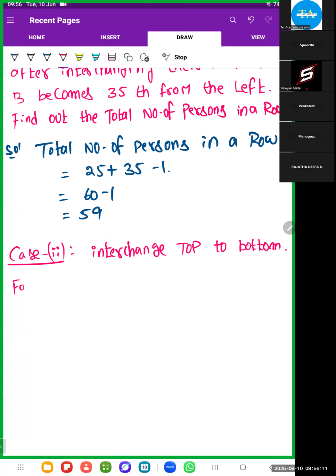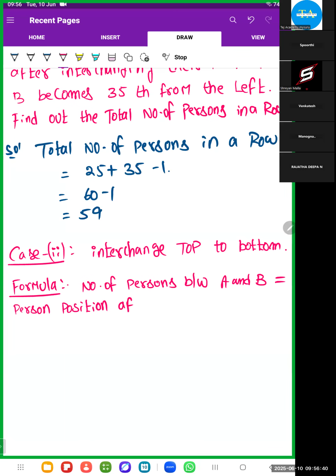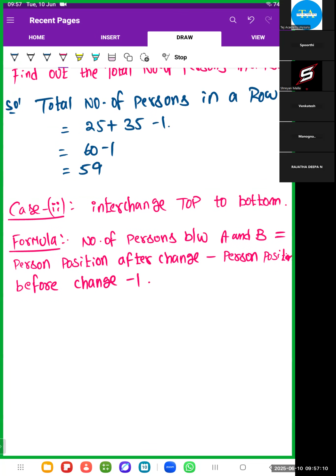In this case, the formula is: the number of persons between A and B is equal to the person position after change minus the person position before change minus 1.